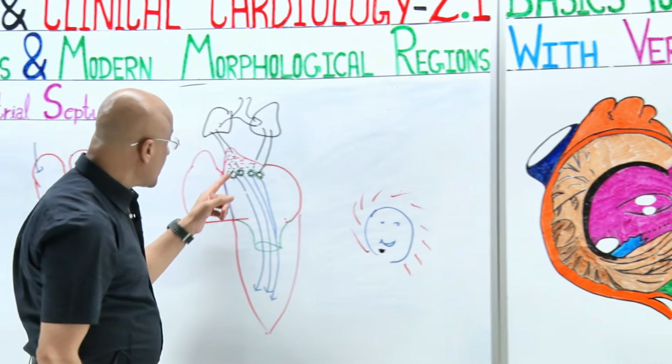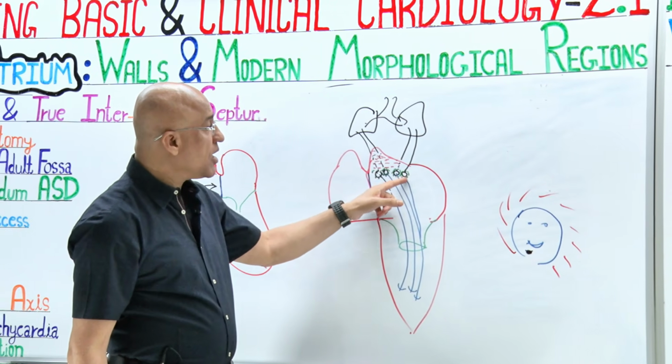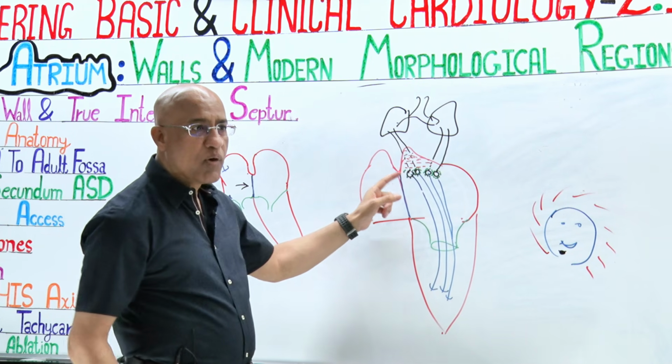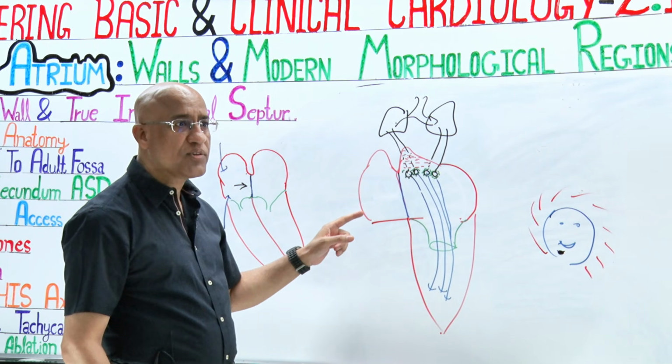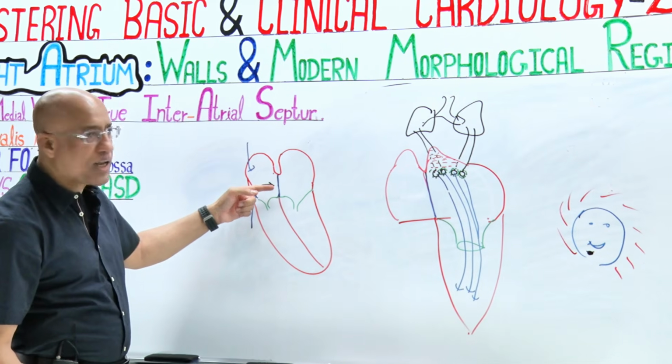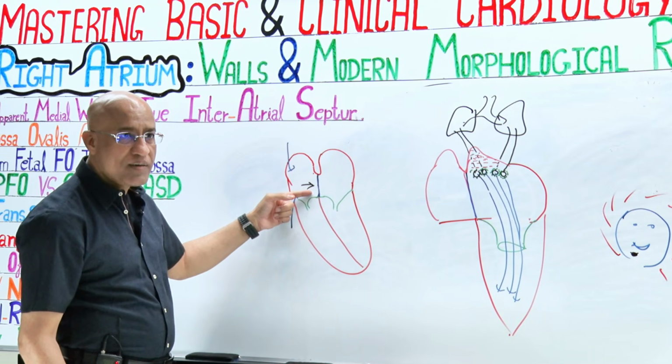So if these become the source of atrial fibrillation, one way to manage it, and these days this is the most popular way, is that we come transseptal, right?